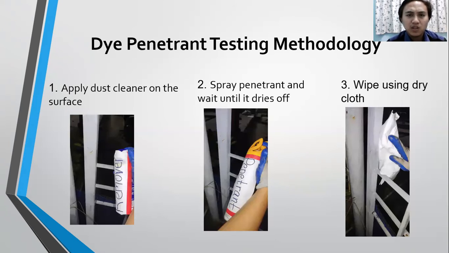The surface needs to be clean, free of dirt, rust, scale, paint, oil, and grease, and smooth enough to wipe off the penetrant without leaving residue. For the second process, we spray the penetrant and wait 5 to 30 minutes until it dries off.